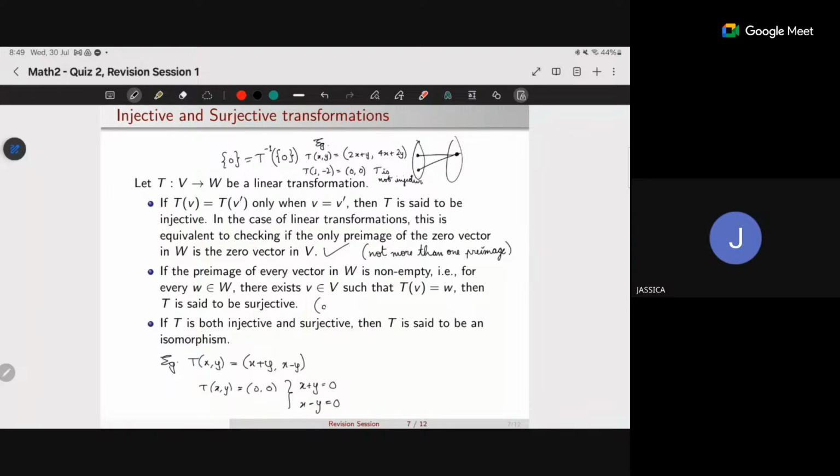Here it says every element should have at least one pre-image. So there should not be any vector that is not the image of any vector from the domain. So that is what surjectivity is.